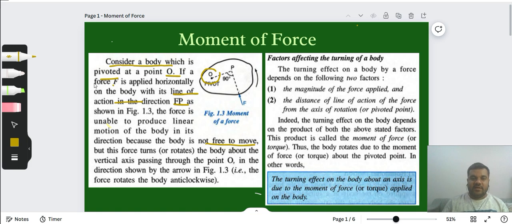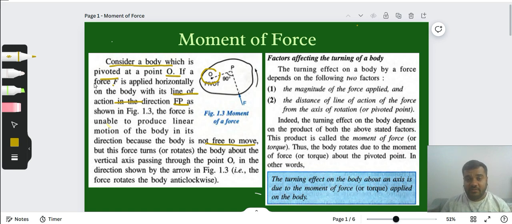This is the effect of this force on the body with pivoted point O. OP is perpendicular to the line of action of Fp. This is called the turning effect, because it will try to rotate the body in the anti-clockwise direction. It is called the turning effect of the body.